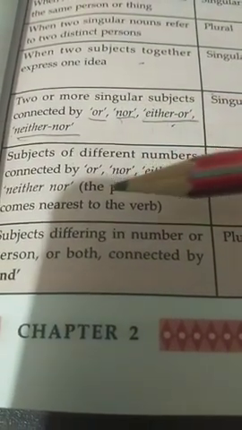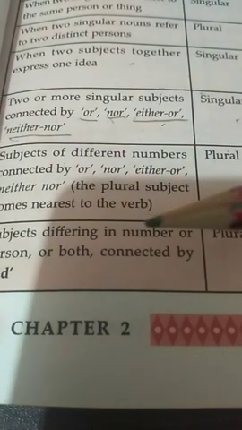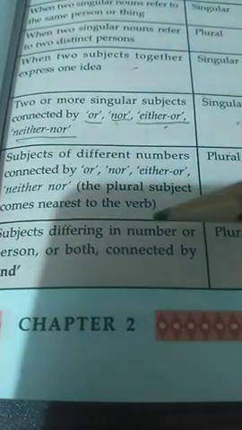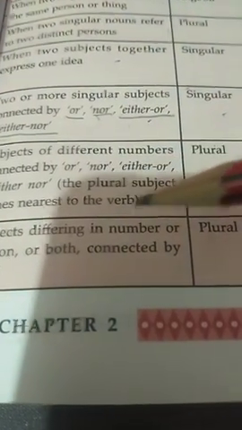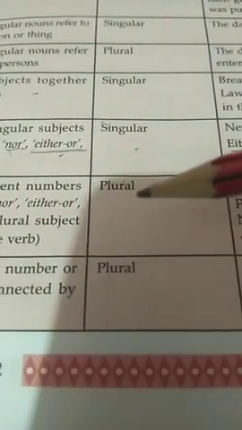But here, rule number 7 is subjects of different numbers connected by or, nor, either or, neither nor. The plural subject comes nearest to the verb. Which subject comes nearest to the verb? The plural subject. So the verb that follows it is plural in form.